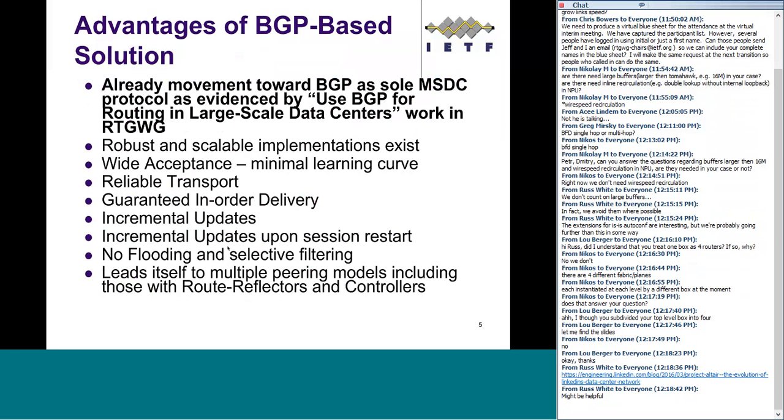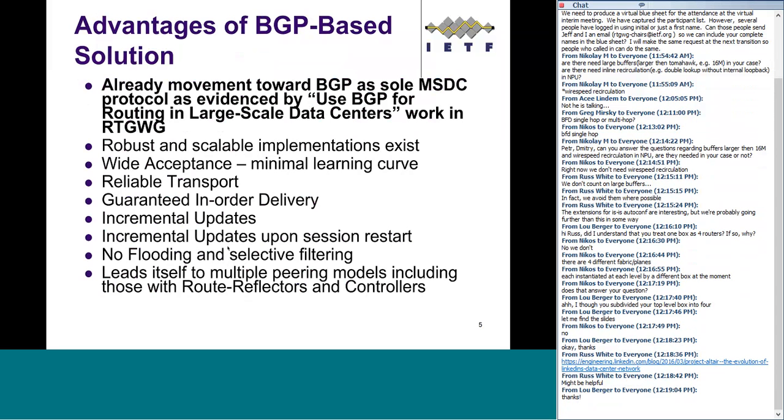Now, the advantage of doing SPF along with something like BGP is that, as we've heard before, most of the deployed base in MSDC today uses flavors of BGP. It's a fairly robust and scalable protocol. It has wide acceptance, as we know. The transport is fairly reliable, so you're not going to lose packets.